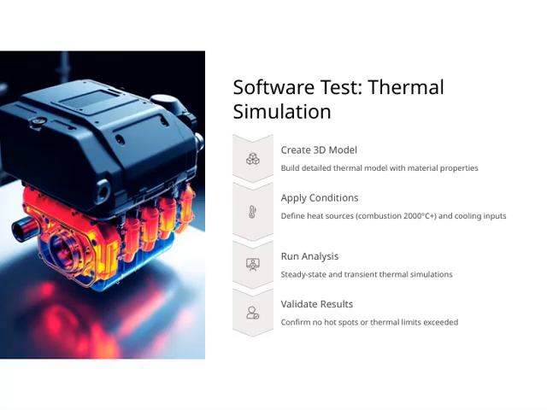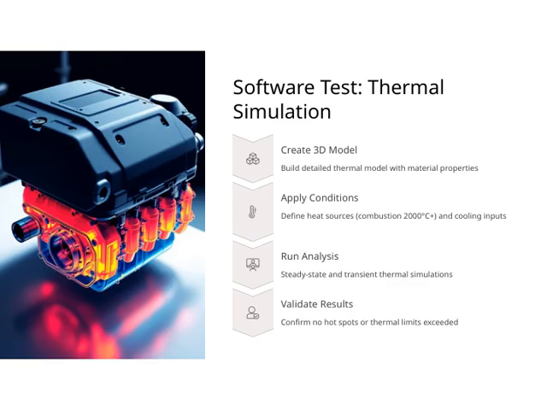Let's talk about the software test for thermal simulation. First, we create a 3D model, which forms the foundation of our analysis. Then, we build a detailed thermal model by incorporating material properties, ensuring accuracy in how heat interacts with different components. Next, we apply conditions by defining heat sources, such as combustion at over 2,000 degrees Celsius, and cooling inputs to simulate real-world scenarios.